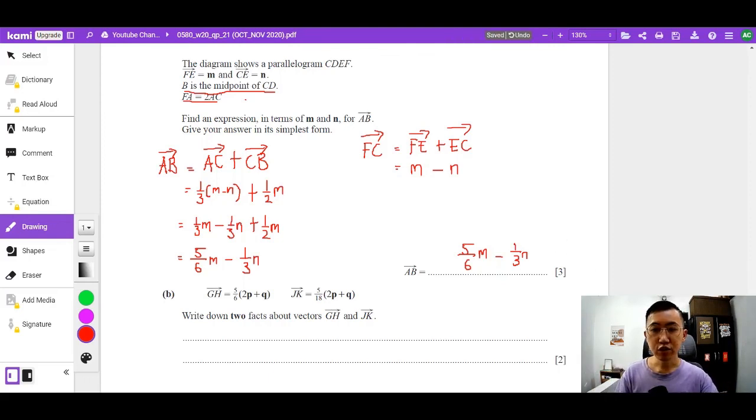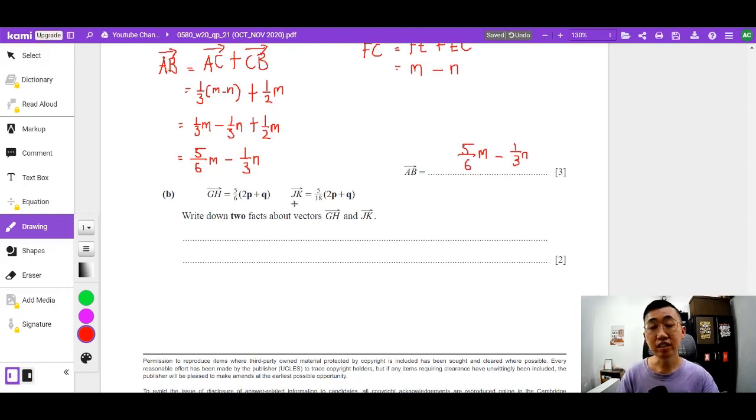Okay, so question B is actually testing you on the theory for vector and vector geometry. Let's see this question. The vector GH is denoted like this, 5 over 6 (2p plus q). The vector JK is denoted like this, 5 over 18 (2p plus q). Write down two facts about the vectors GH and JK.